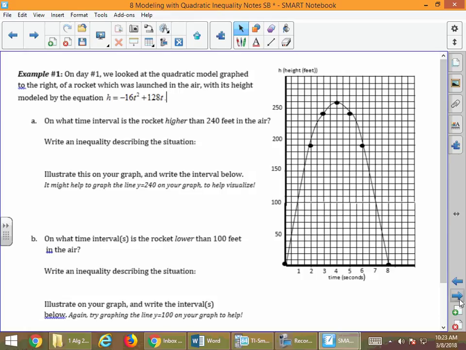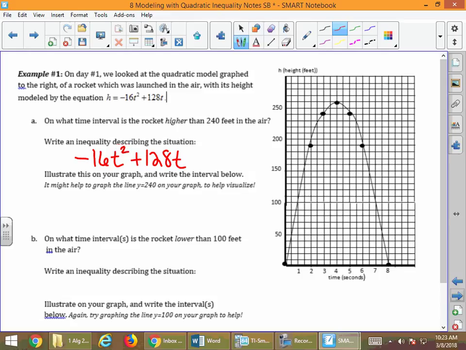If we want to write an inequality of the situation, we take the negative 16t squared plus 128t, and higher than is another way of saying greater than 240 feet. So there's an inequality describing the situation.